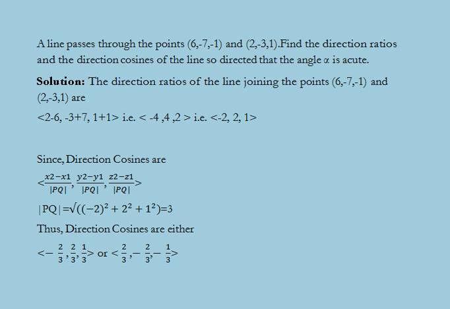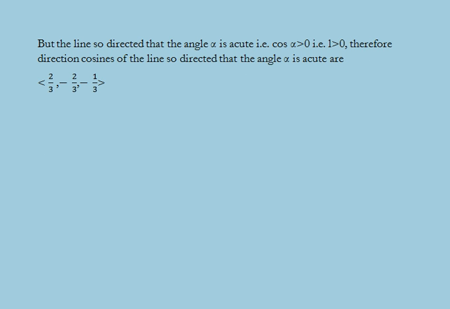But the line is so directed that the angle alpha is acute. That means cos alpha is greater than 0, which means that l is greater than 0. Therefore, the direction cosines of the line which is so directed that alpha is acute are given as 2 by 3, -2 by 3, -1 by 3.